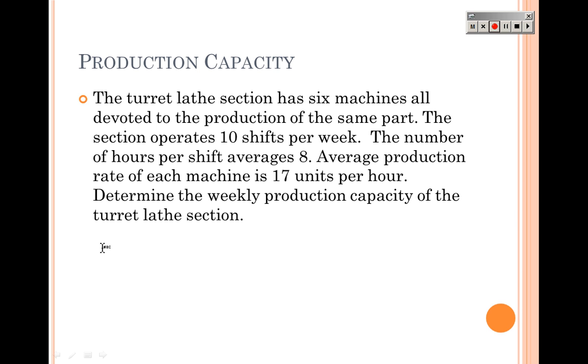So let's just start at the beginning. The production capacity then is going to be, we've got 10 shifts per week. And we're going to multiply that number by 8 hours per shift.